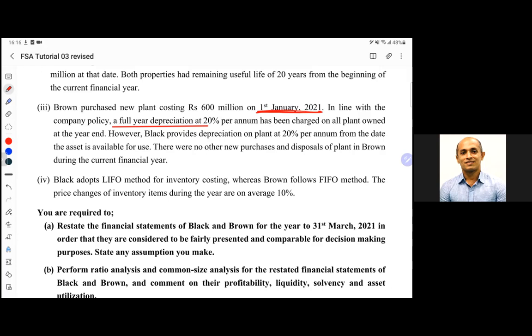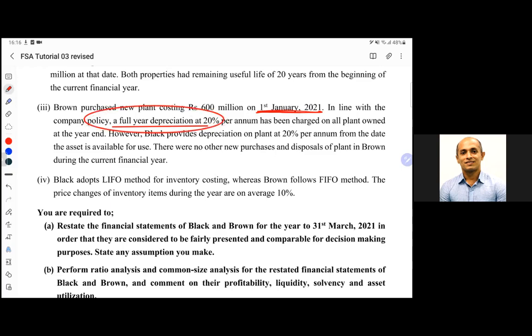Therefore, profit has been understated. Now you have to do the adjustment. So this is an over provision for depreciation.